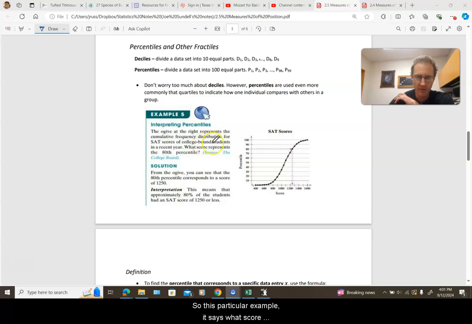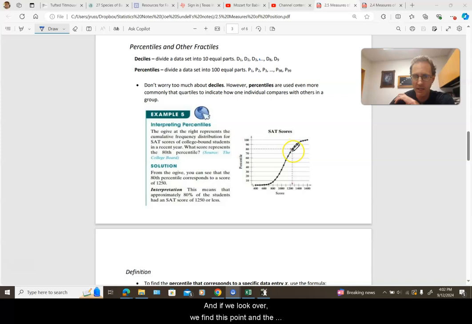So this example says, what score corresponds to the 80th percentile? Well, the percentiles here are graphed on the vertical axis. They go in increments of 10, so it'd be easy to find the decile too, but anyway, the 80th percentile is right here.